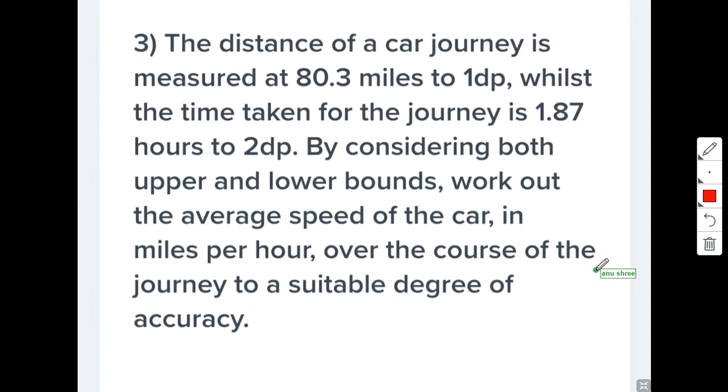Okay, so the lower bound for 80.3 to 1 decimal place, and 1.87 would be... Is that right? Actually, I can't see what you're writing. I can't see anything. Oh, the screen hasn't been shared.